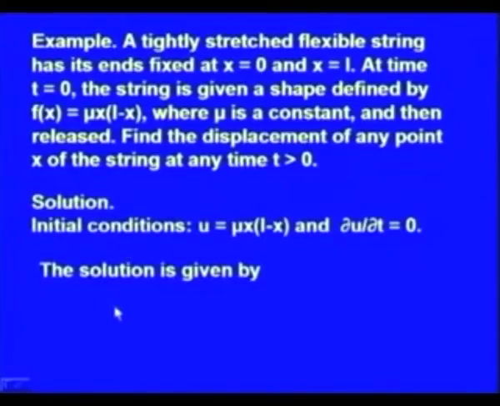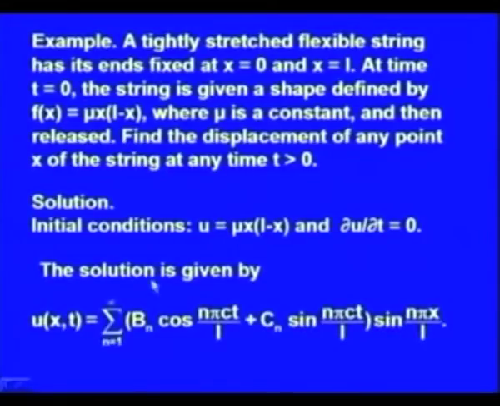So, the initial conditions here are u(x,0) is equal to mu x into L minus x, and the initial velocity, that is delta u over delta t at t equal to 0, is given to be 0.